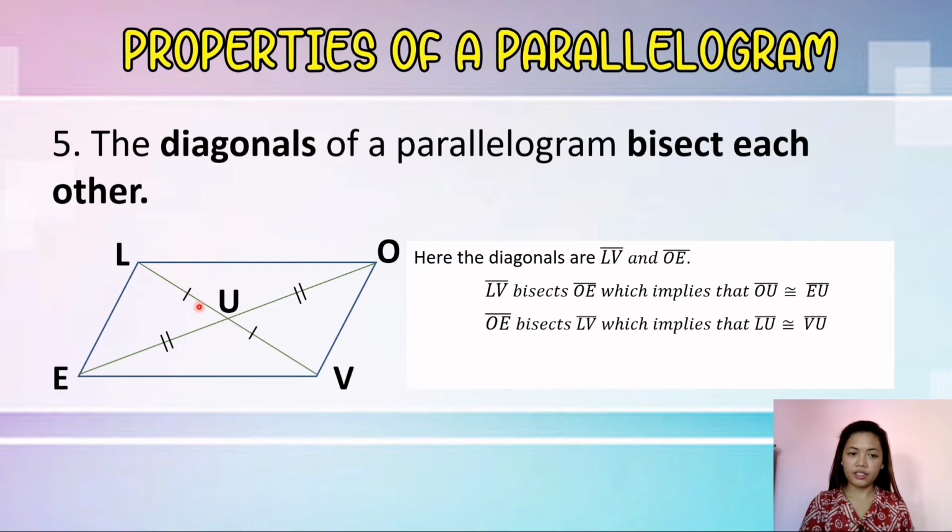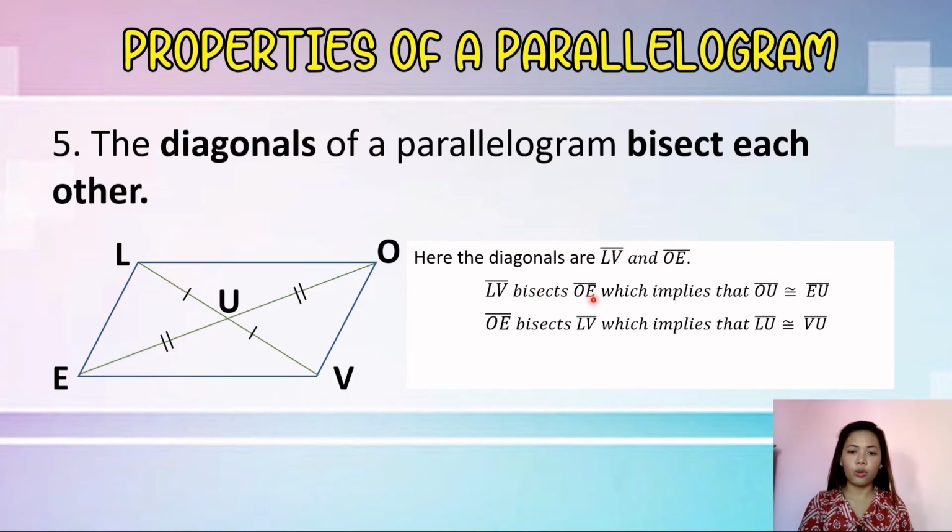So, we have the first diagonal as diagonal LV. How about the second diagonal? So, we have O. If we have vertex O, the only diagonal that can be drawn using vertex O is diagonal OE. So here, the diagonals are segment LV and segment OE.